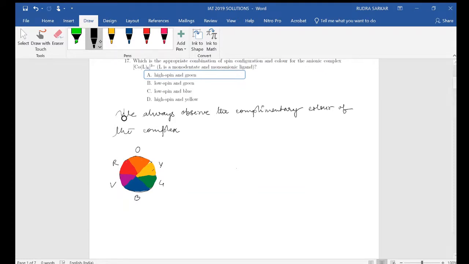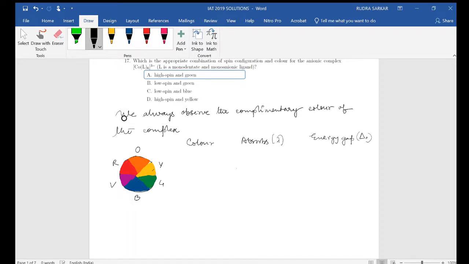So we will say color, that is the appearance, then we will say absorbs, obviously we will talk in terms of wavelength, and then finally we have the energy gap, which is an indicator whether it is a high spin or low spin complex.